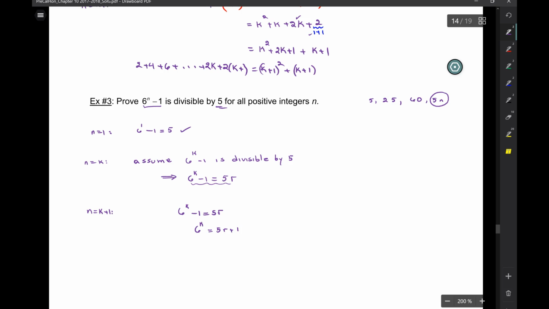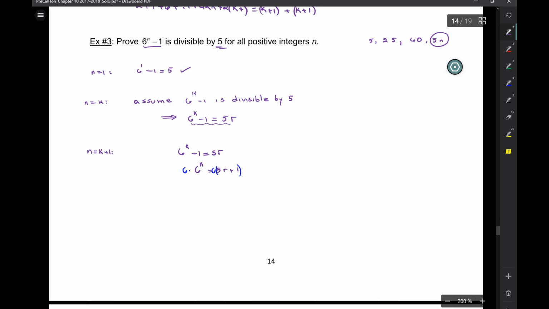Is that right? Now, just for fun, I'm going to multiply both sides by 6. Why 6? Because it's the base of that exponential. So how much is that? 6 to the 1 times 6 to the k is what? 6 to the k plus 1, right?